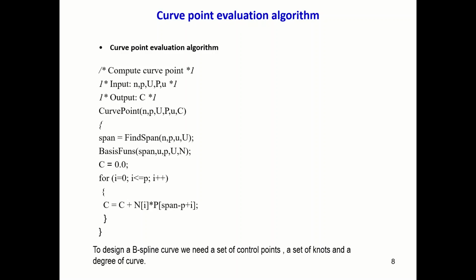In summary, to design a B-spline curve, we need a set of control points, a set of knots, and a degree of the curve, as we can see from the pseudocode above.